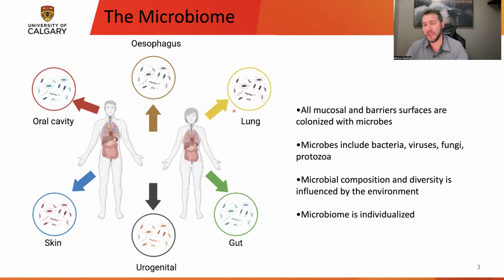Nevertheless, the microbiome is individualized between individuals. So if you look at the high resolution level, you have kind of a fingerprint with your microbiome and all of those body surfaces.